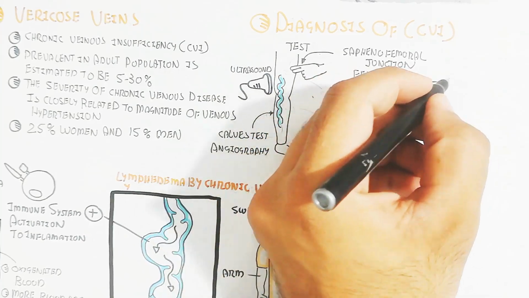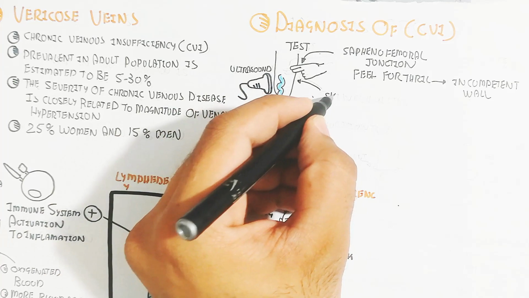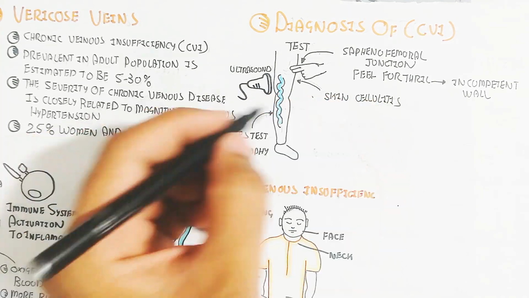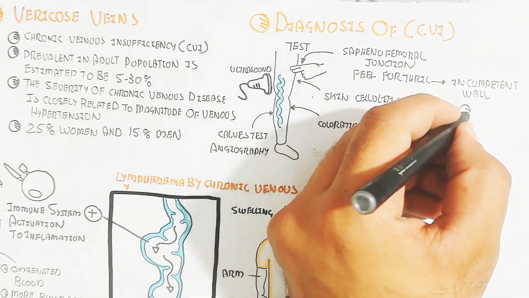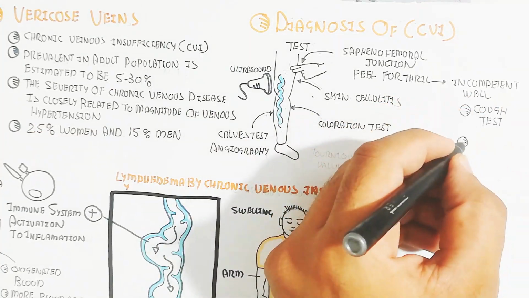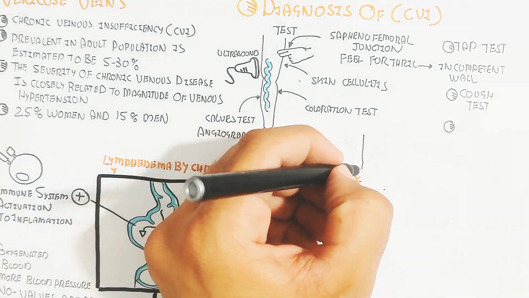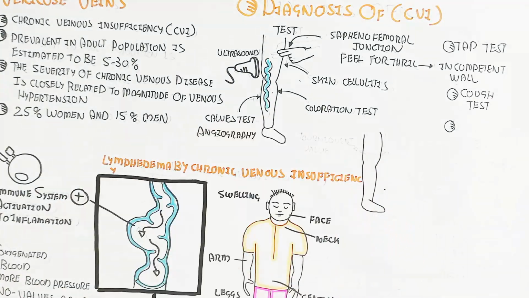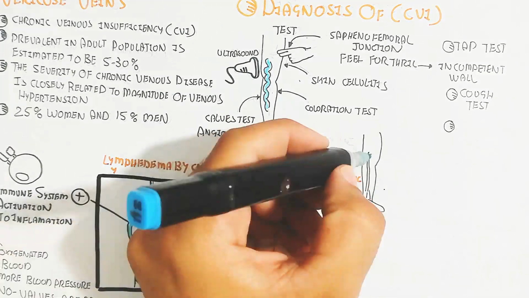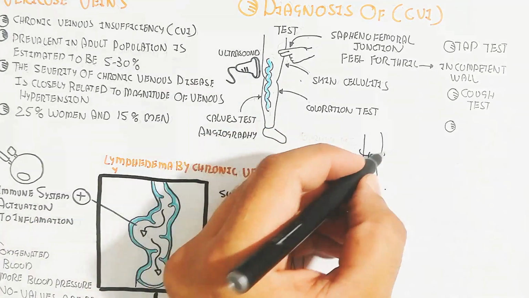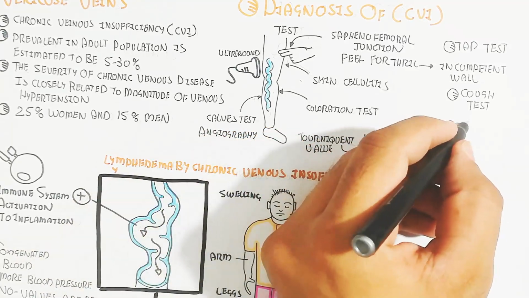The coloration test as well as the sphenofemoral junction test, where you feel for a thrill, and the incompetent valve test, where you feel for a thrill, and on the other hand the cough test, the Trendelenburg test, the Perthes test.